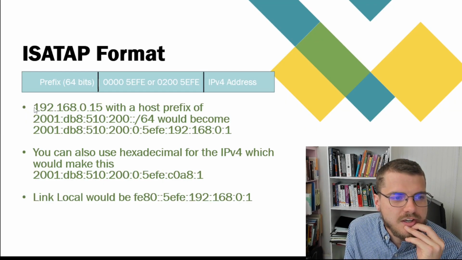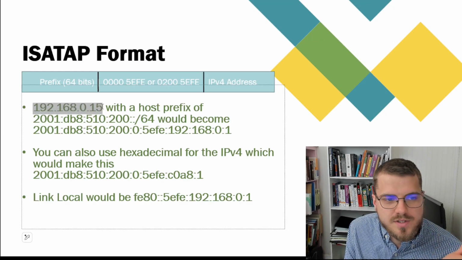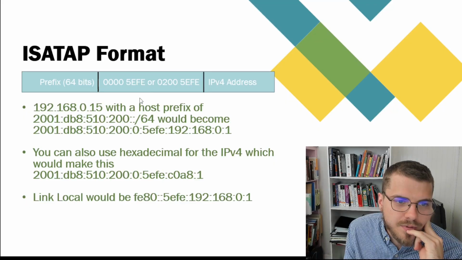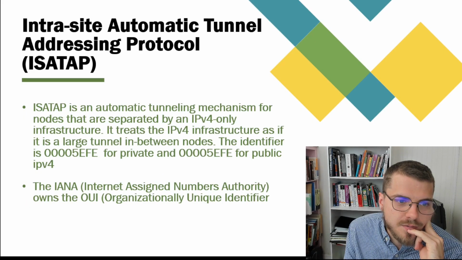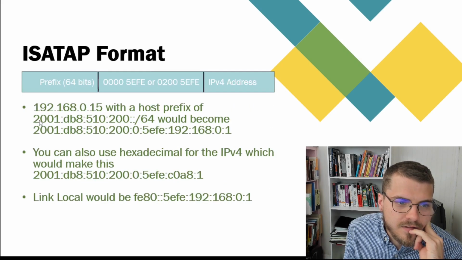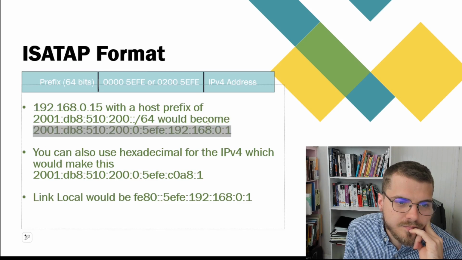So you can see here, we're using this as an example, 192.168.0.15. And this would become, if you're using the private one, so these zeros 5EFE, this would become this.